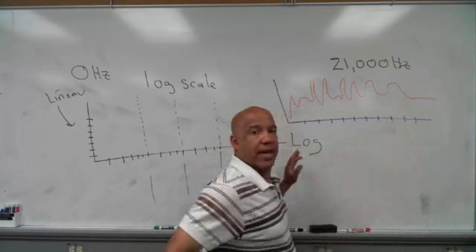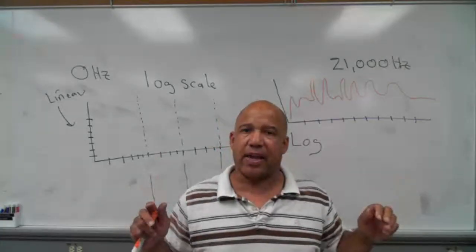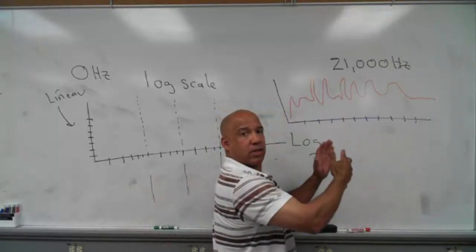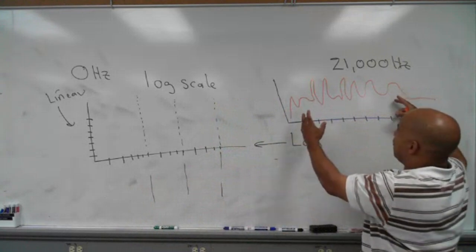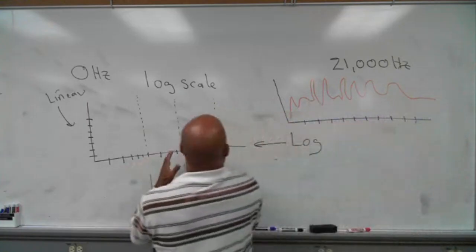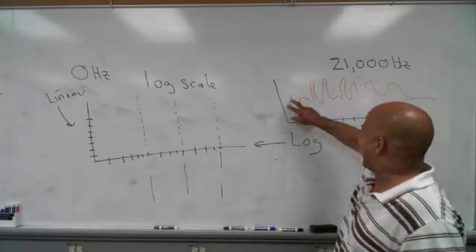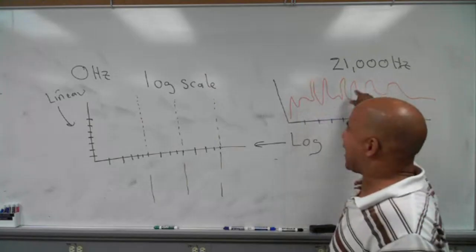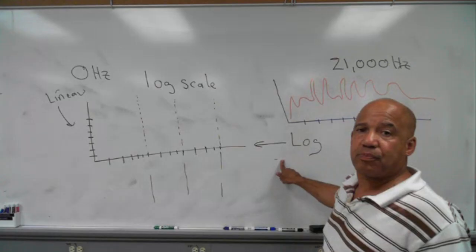If I took this linear scale and I turned it into a log scale by pulling this back to make some of these tick marks get closer and closer together, that would deform the graph. And as I pull it back, the graph will be deformed, and I'll actually lose information. I can't see what's clearly going on with the graph. So in the case where I have a lot of change going on in my graph, it wouldn't be proper to use a log scale.